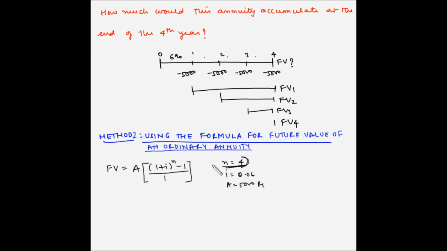So if you recall from the fundamental video of the future value of an annuity, we found out that the future value for a 4-year annuity was equal to A multiplied by 1 plus I to the power 3, plus 1 plus I to the power 2, plus 1 plus I to the power 1, plus 1 plus I to the power 0. This is nothing but the future value of the first investment. This is nothing but the future value of the second investment, and so on.